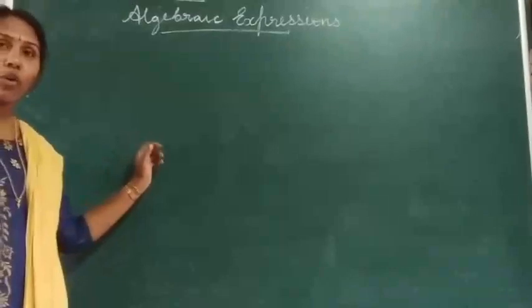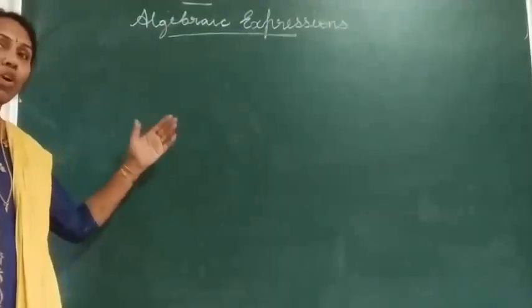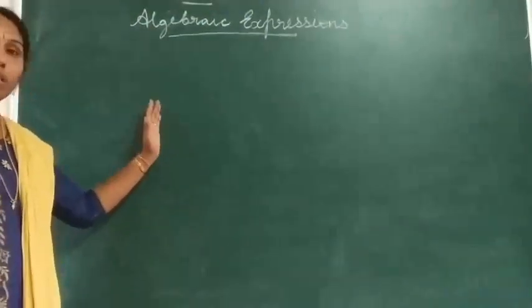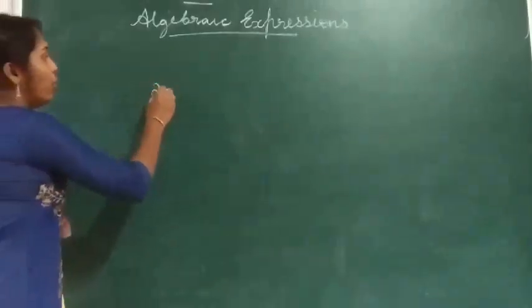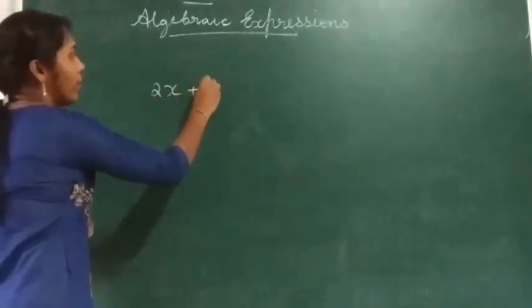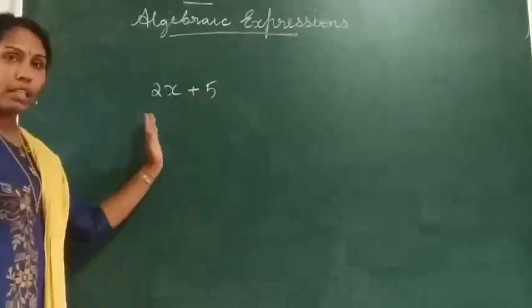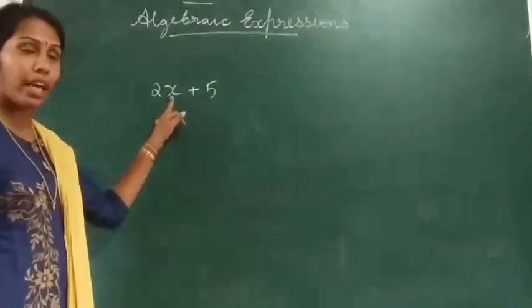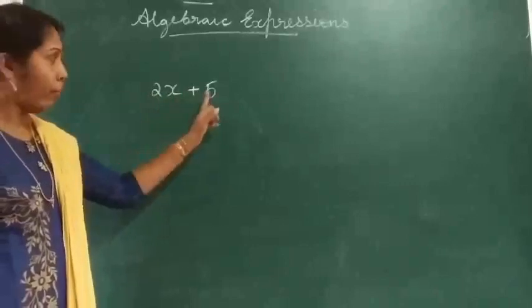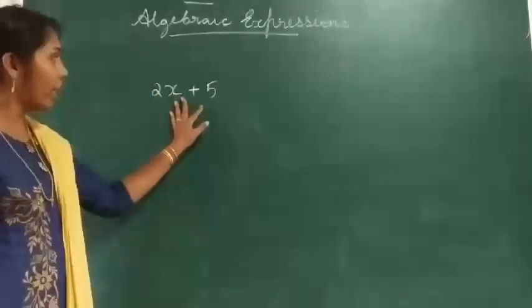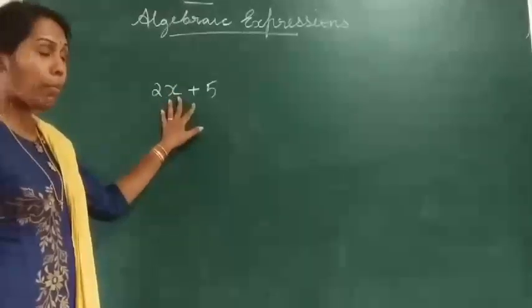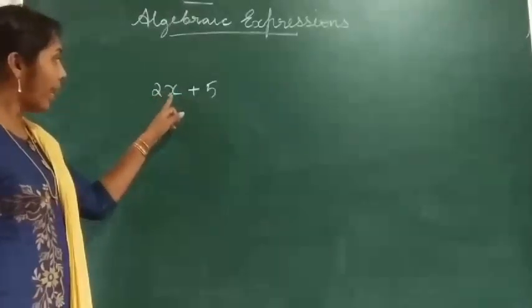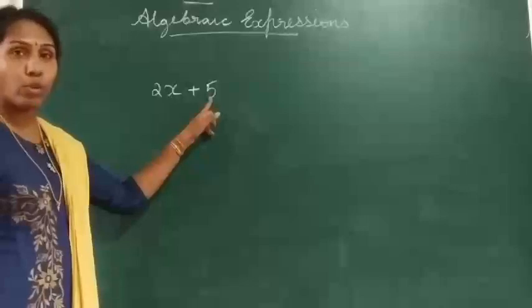Therefore, a collection of constants and variables connected by one or more operations is known as an algebraic expression. For example, 2x plus 5. This is an algebraic expression. We have a variable x here and two constants, 2 and 5. It can be explained like this: this expression can be obtained by multiplying x by 2 and adding 5 to it.